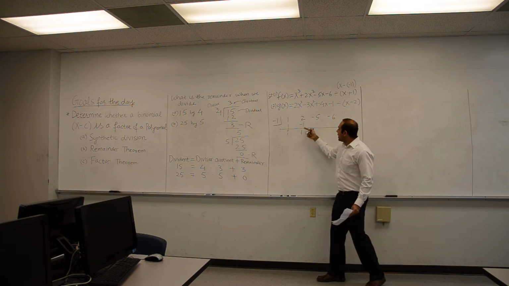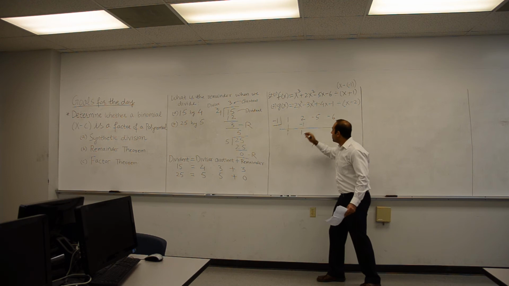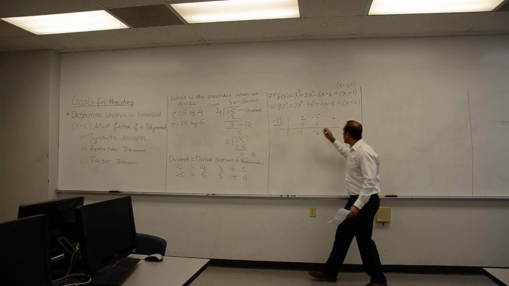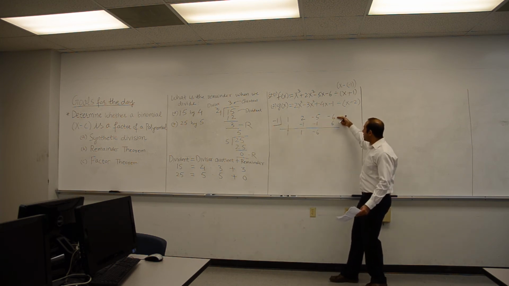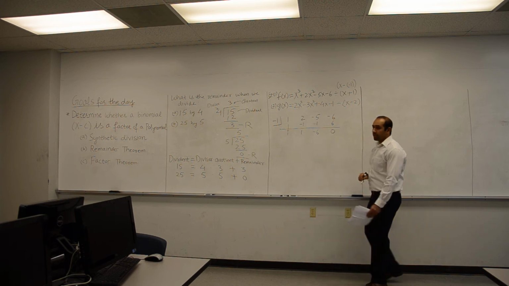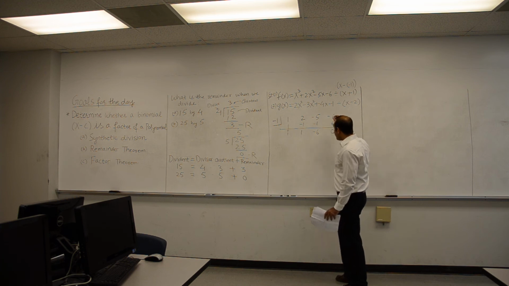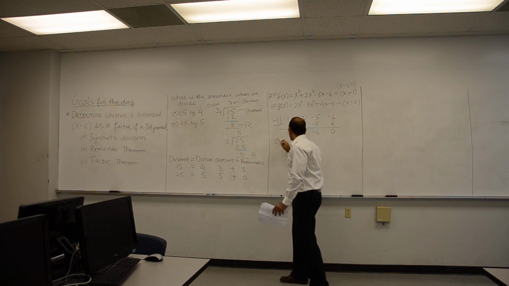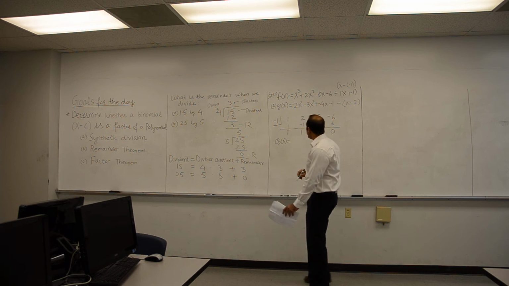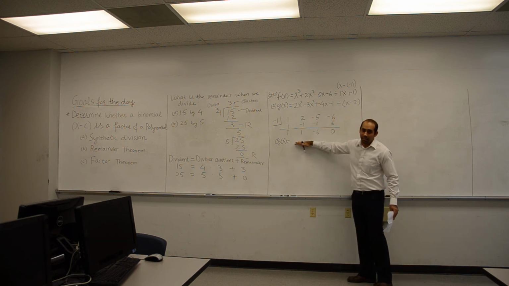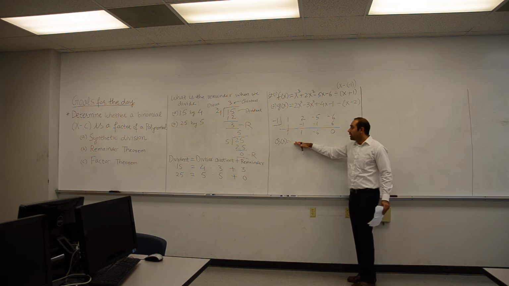Again, 1 times negative 1 is negative 1; negative 5 plus negative 1 gives negative 6. Negative 6 times negative 1 gives 6, and negative 6 and 6 add up to 0. Now we can write our quotient and remainder. If the highest power of the dividend is cubic, then the highest power of the quotient is 1 less, so it is a quadratic.